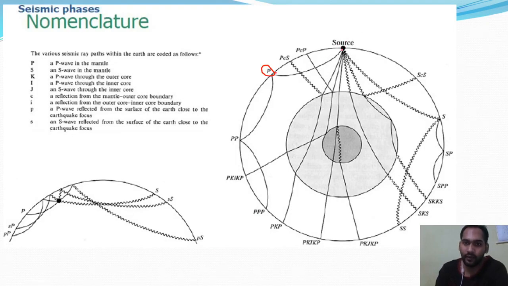Then here it is the seismic station, right? Here I am getting this wave. It is neither reflected from the mantle outer core boundary, it is directly coming from the source. You can see this is station 1, let's say this is station 1.